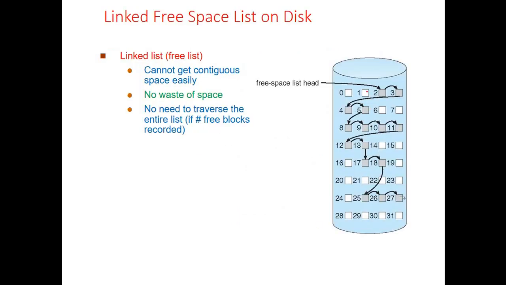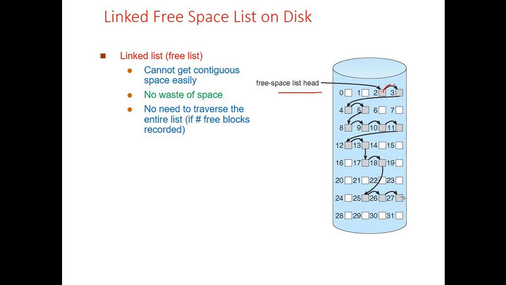Coming to the linked free space list on the disk. It maintains the list of free blocks in the disk. The first free block address is held by the head of the list.